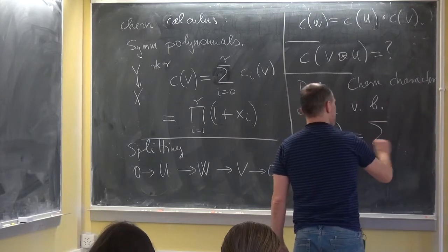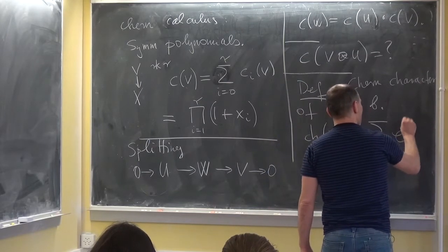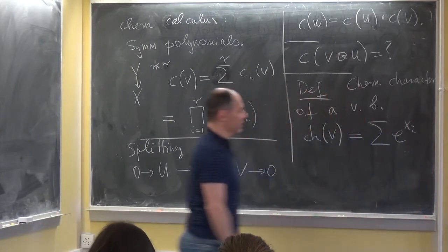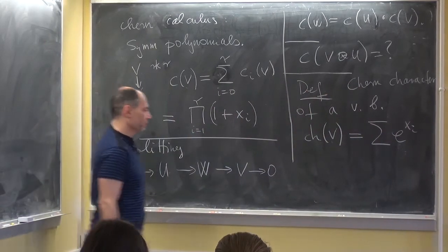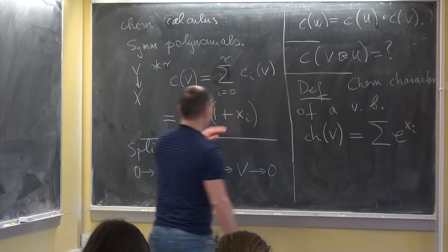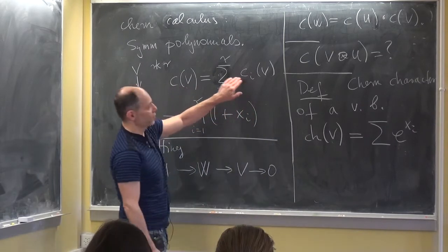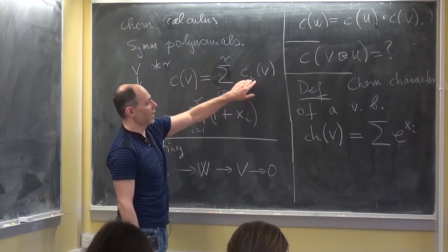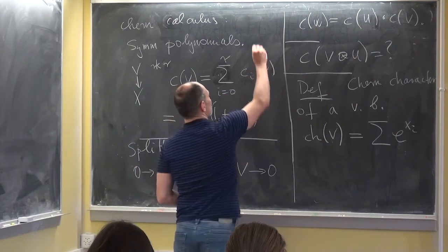So this is just going to be the sum of the exponential of x_i. So it's an infinite series. If you want to write it down in this form, this was just the generating function of the ith elementary symmetric polynomials.